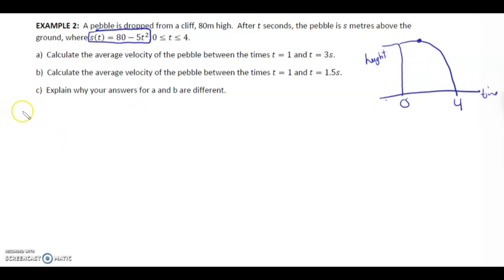Okay, so A, calculate the average velocity of the pebble between times t equals 1 and t equals 3 seconds. So for A, we're going to do the average rate of change. Okay, if we want to actually write out the formula, this is going to be f at 3 minus f at 1 all over 3 minus 1.